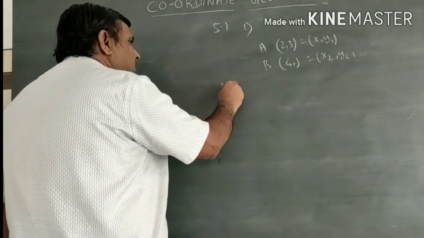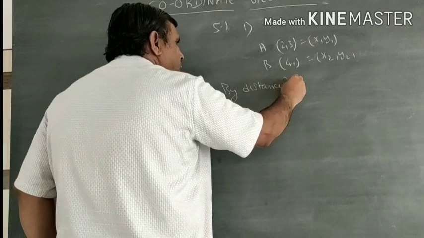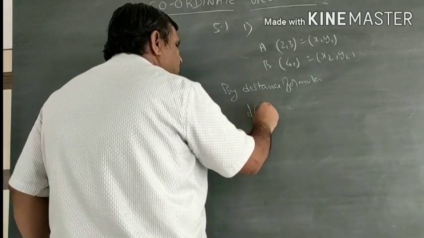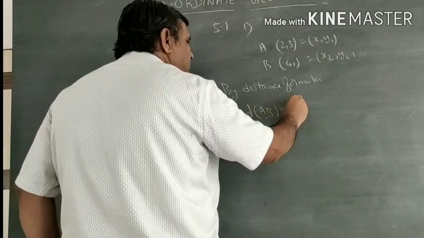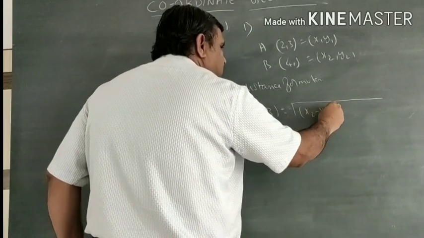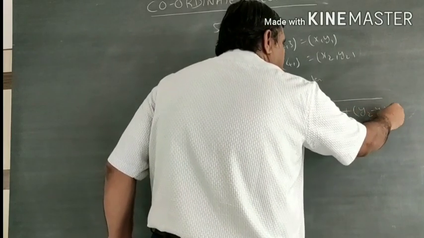Now we have to write here by distance formula. Distance between AB is given by under root x2 minus x1 square plus y2 minus y1 square.